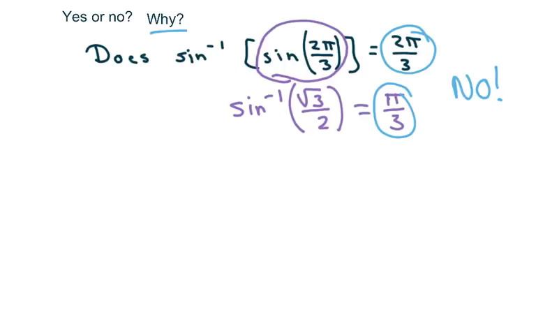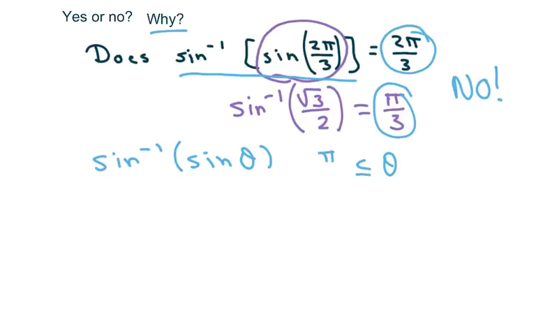Or you could have simply said, when you're composing inverse sine with sine of some angle, the angle must be in between negative pi over 2 and pi over 2.